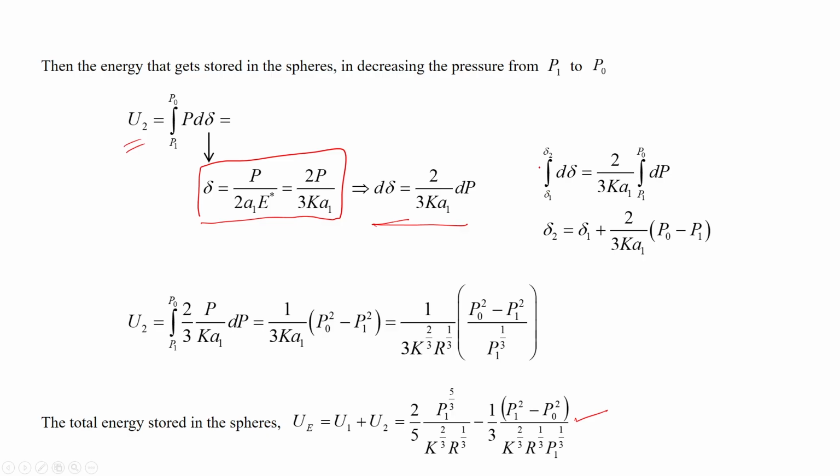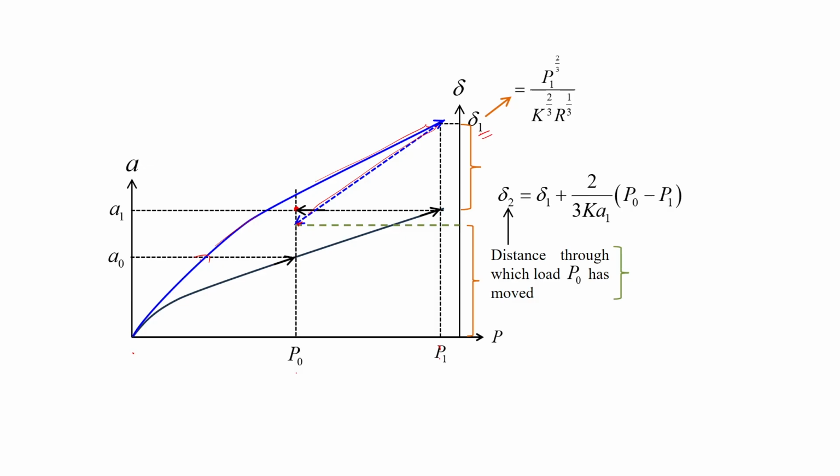So, the final distance that the load displacement reaches is delta 2, and delta 2 is equal to delta 1 plus this distance over here, that is 2 by 3 K1 into P0 minus P1. So, in this plot finally P reaches this distance, right.